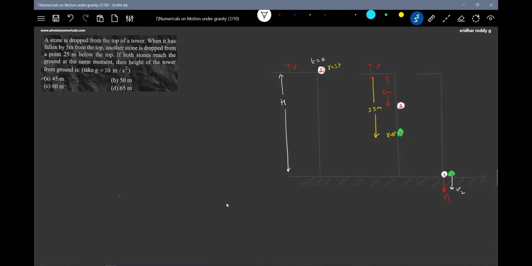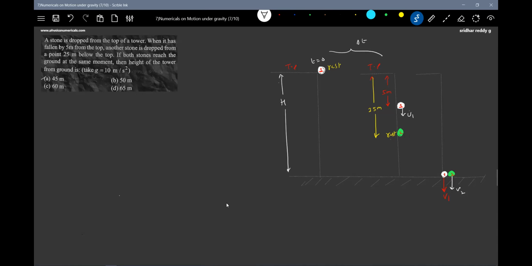They'll come and strike with different speeds, and both will strike simultaneously here. This is released from rest. Can we calculate this time? Then the height of the tower from the ground.